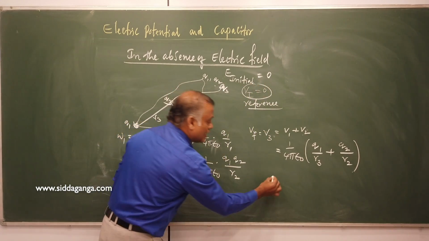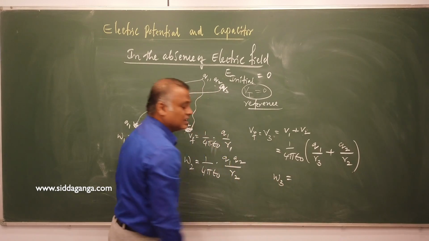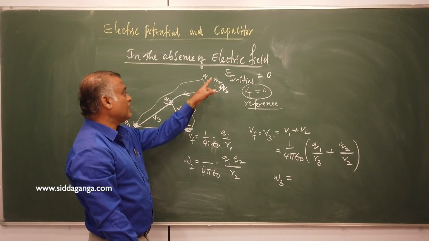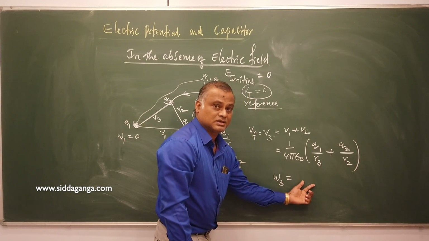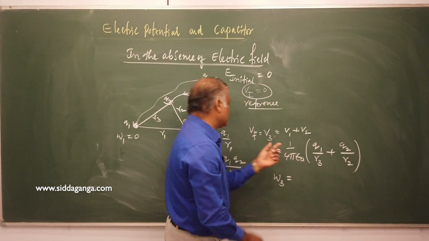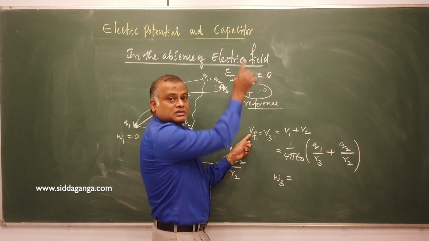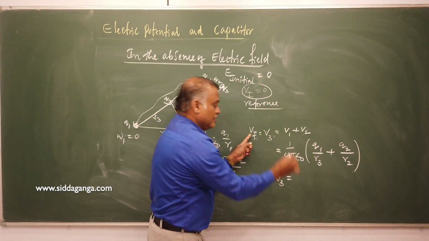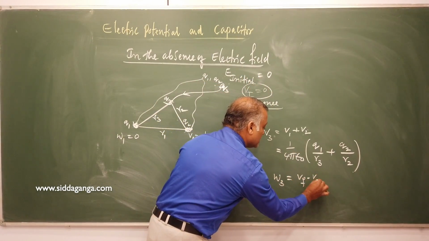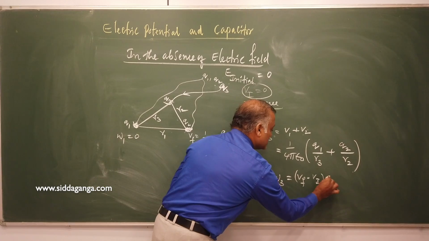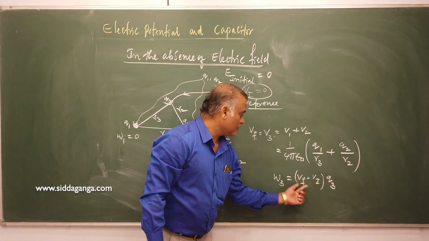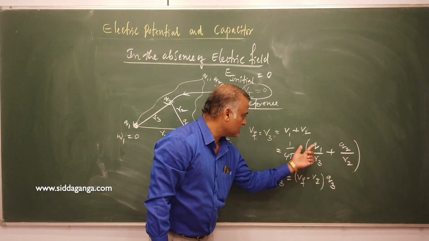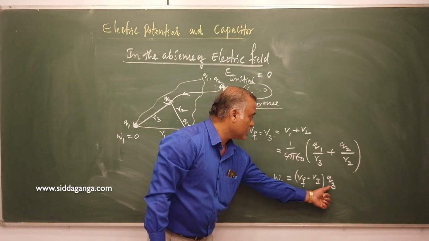Vi. Therefore, the third work done, in carrying a charge Q3 from infinity to the point of consideration, is again potential difference into charge. What is the potential difference? V final minus V initial. What is the charge being carried? Q3. V initial is 0, V final is this. So you have to multiply it by Q3.